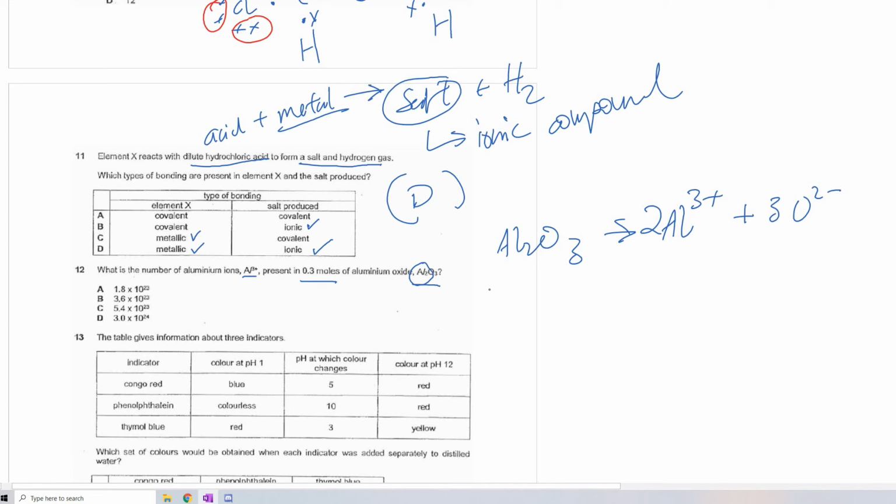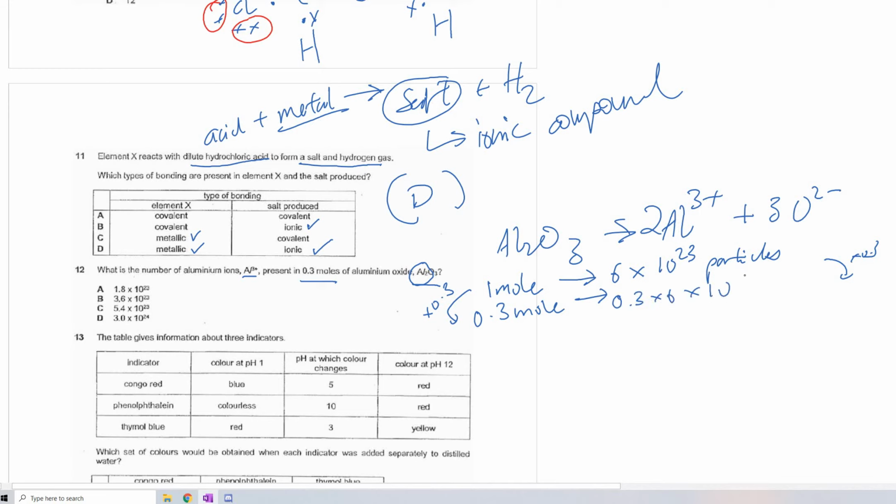When we have 1 mole, it has 6 times 10 to the power 23 particles. This is your Avogadro's constant. When we have 0.3 mole, we times 0.3 on the left hand side, we must times 0.3 on the right hand side. So it is 0.3 times 6 times 10 to the power of 23 particles.